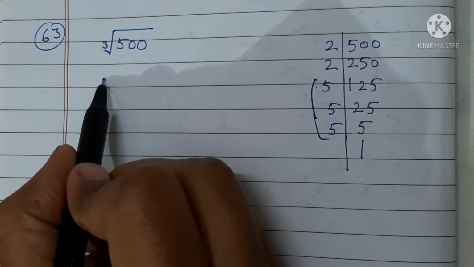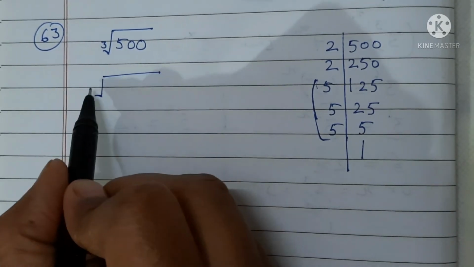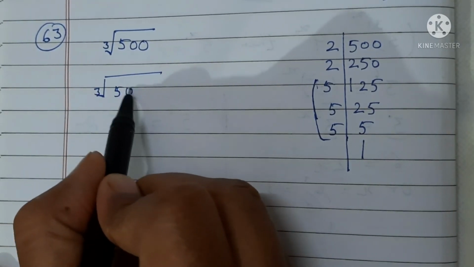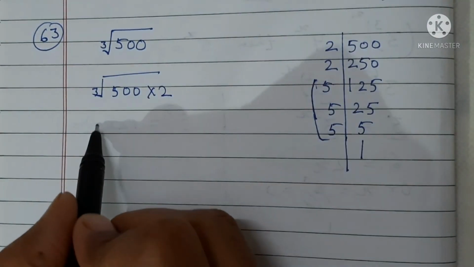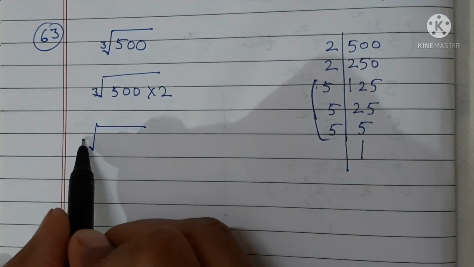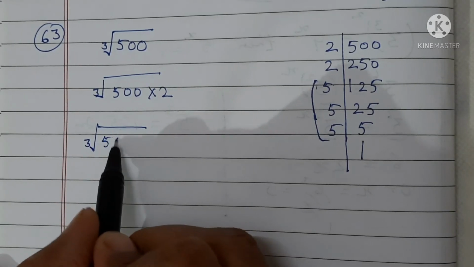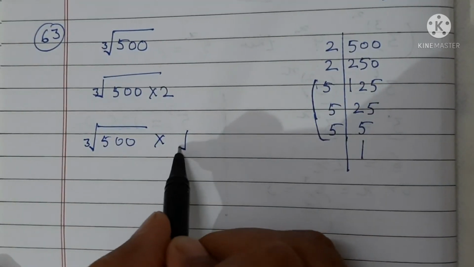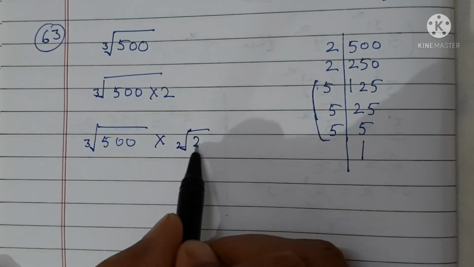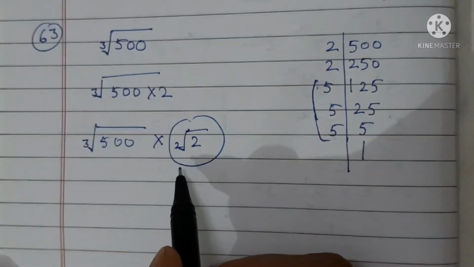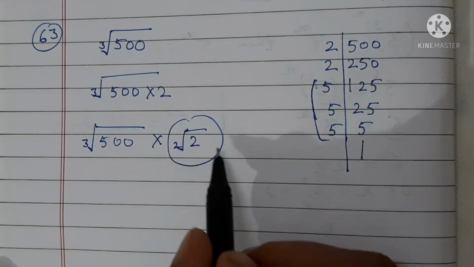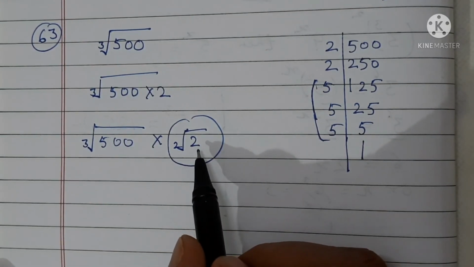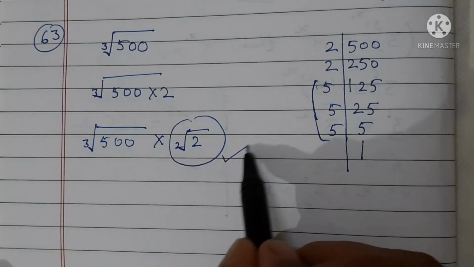Now you can write cube root 500 into 2. So you can break it as cube root 500 into cube root 2. So this will be multiplied to make it a rational number. So choose the option. This option will be correct.